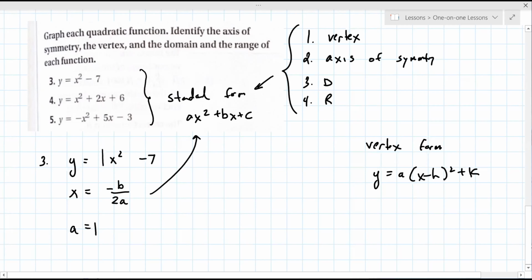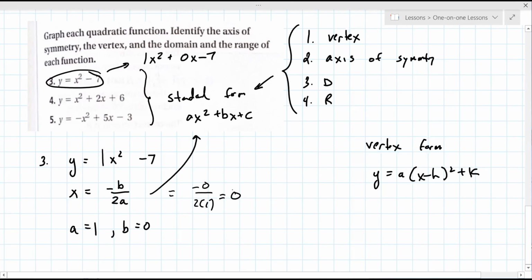That's the number in front of x squared that's not written. The original problem could be written as 1x squared plus 0x minus 7. So that means your b is actually 0, the number in front of x. So minus b over 2a is minus 0 over 2 times 1, which is 0.